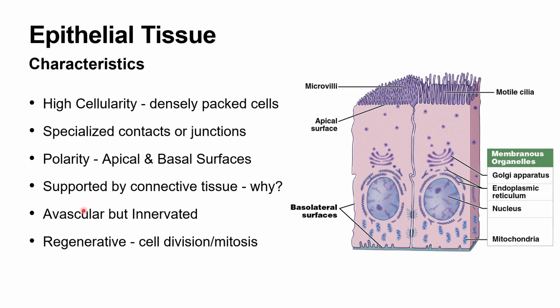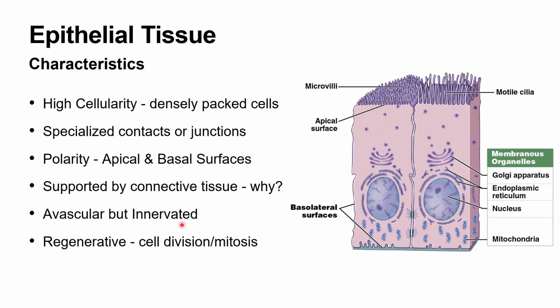So our epithelial tissue is going to be without a blood supply, but that's okay, because the tightly packed nature of our epithelial cells is going to be how our cells can actually transport nutrients and waste products between each other. So they don't need this vascular system to take over that function, because the epithelial cells already carry that out quite well on their own.